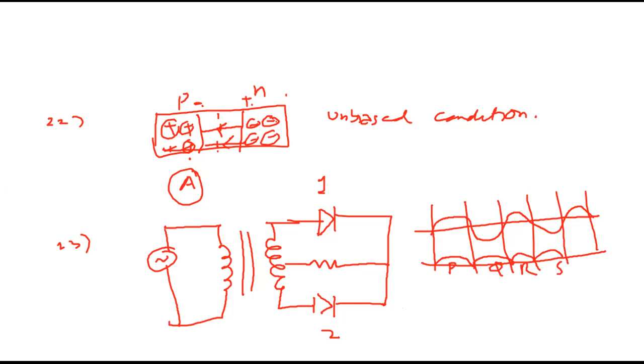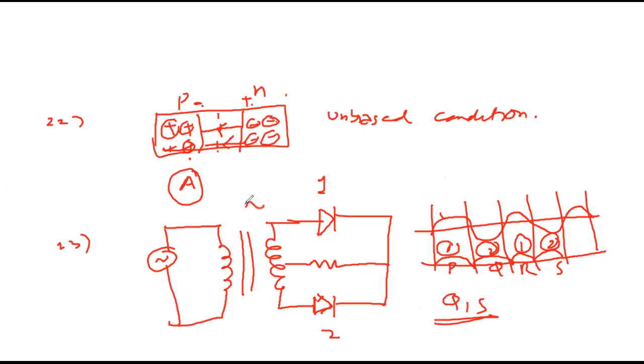They are telling, which one is the output of the second diode? The first one will work when the first is positive signal. So this is for first one, this is for second one, this is for first one, this is for second one. So who is giving output for second diode? Q and S become output due to the second one because they work when the second is positive and first is negative.